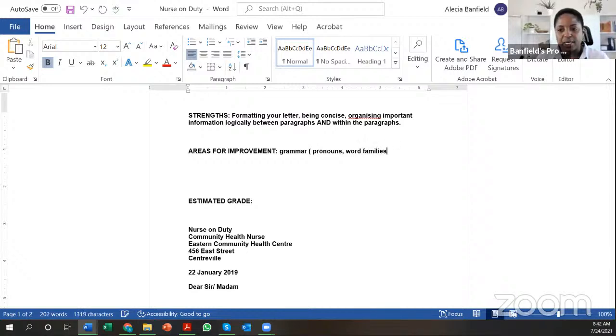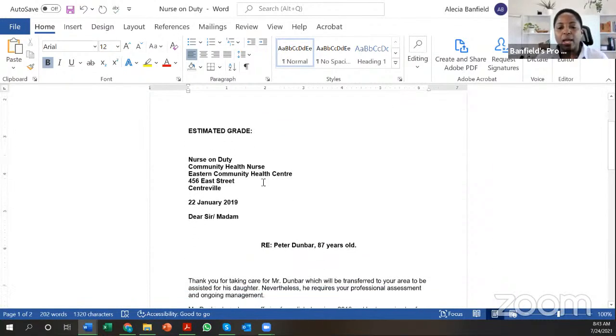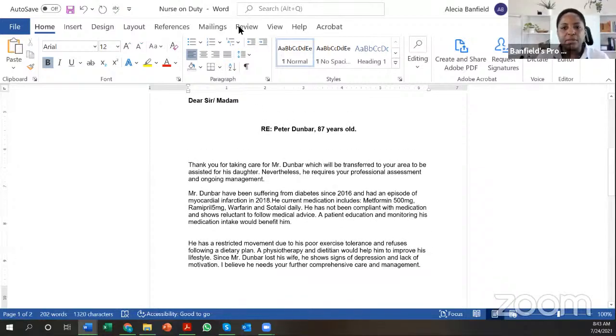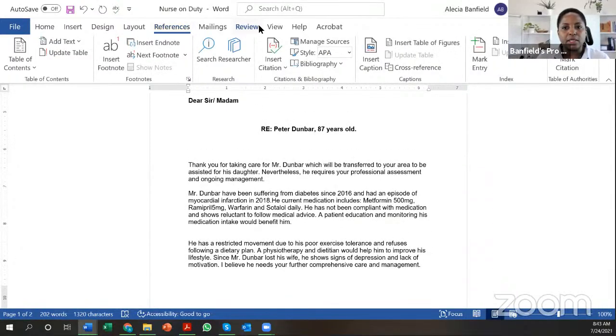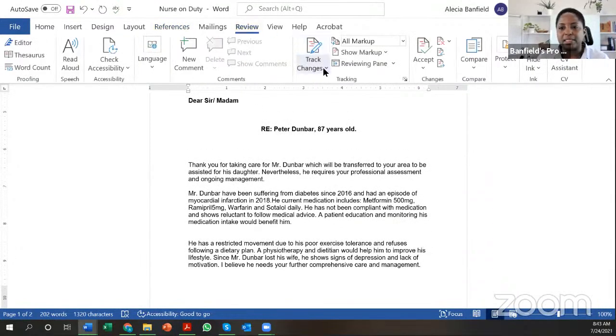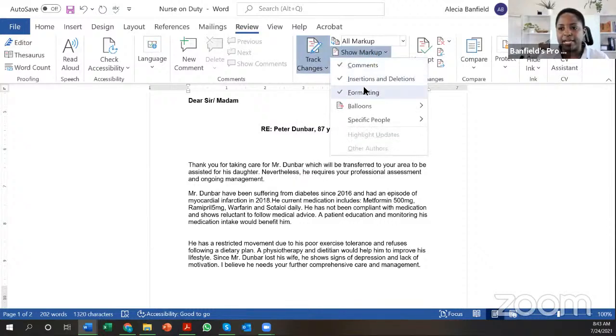Which is, do we need the noun? Do we need the adjective? So that's what we're going to focus mostly on. Okay, so coming down, what I do here then is now I turn on my review and let's start correcting.